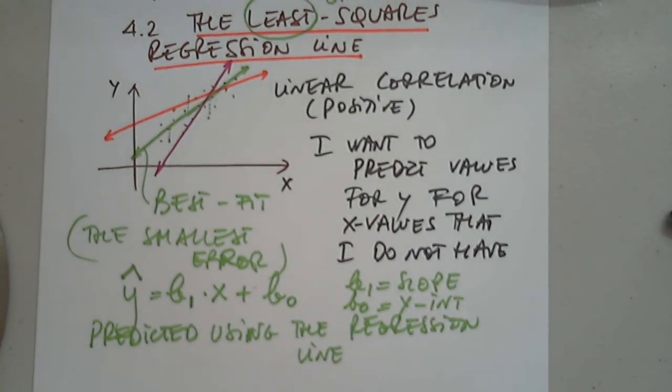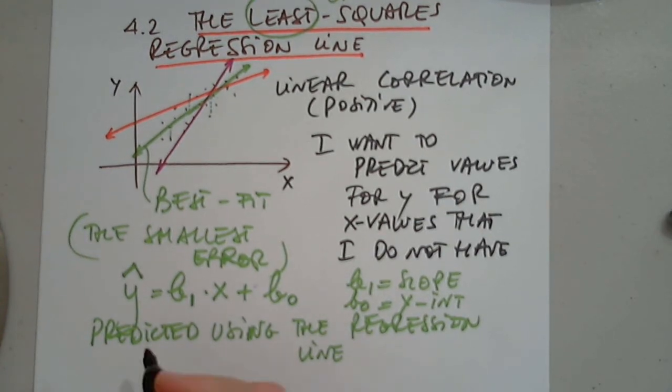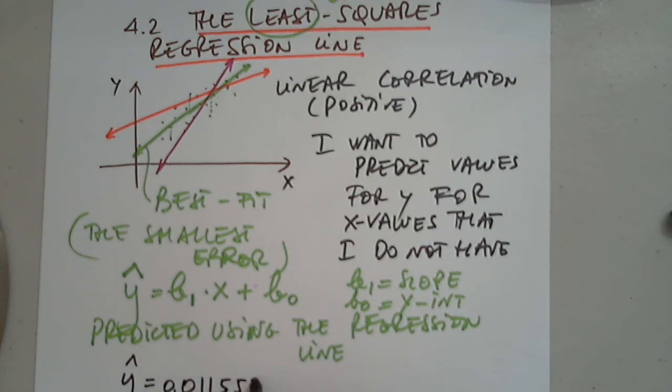So I'm going to copy it down in the correct order. So I have y hat equals 0.01155301 times x, which is the depth, plus the y-intercept, which is 5.5272658.